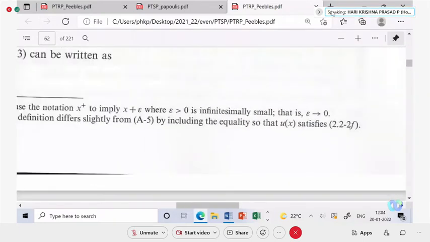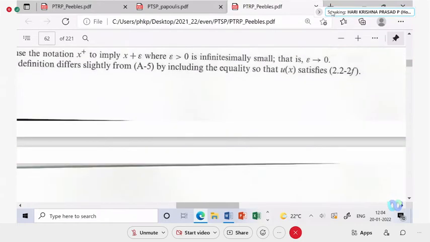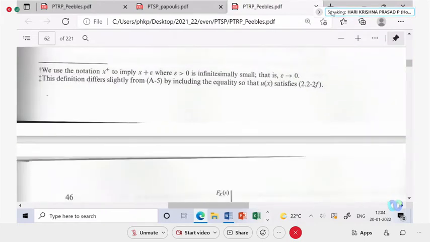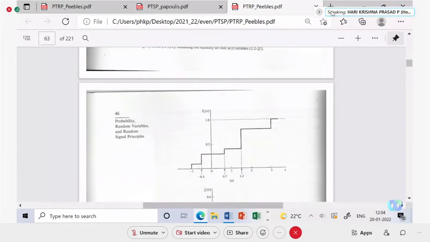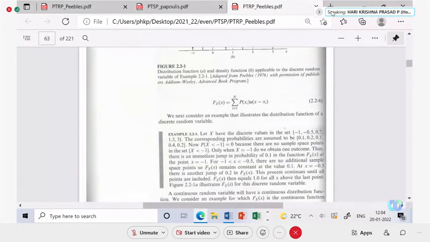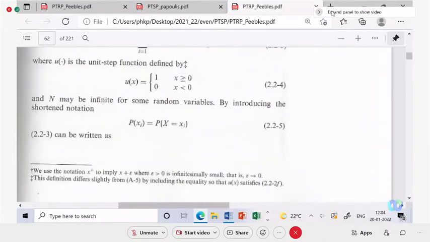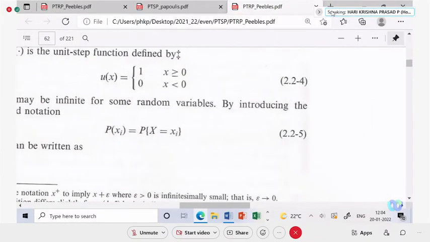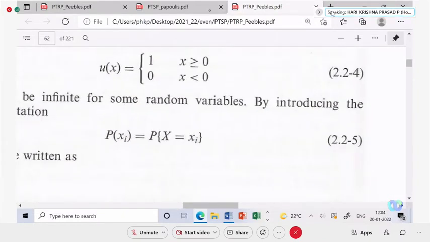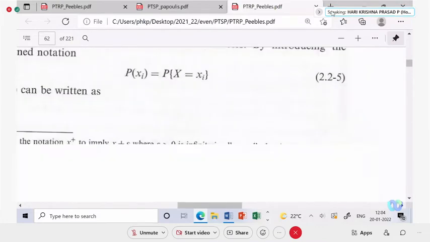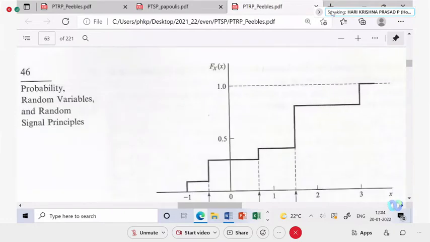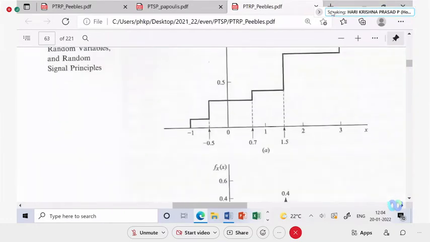That is simplified as on the next page, I think, right? This I have already indicated. Any questions till now, please? This is the example given in the textbook.